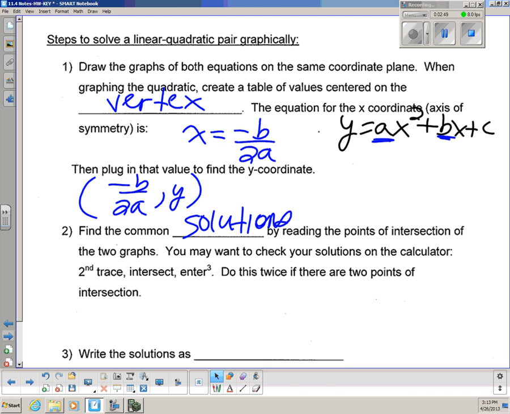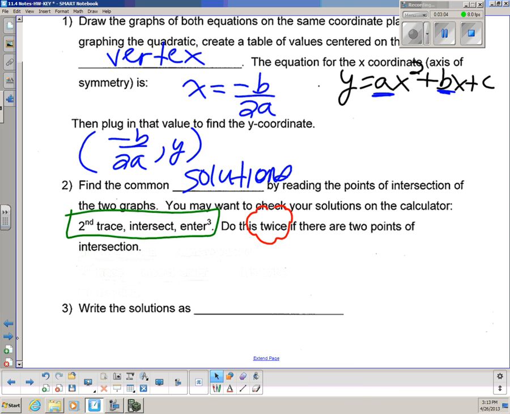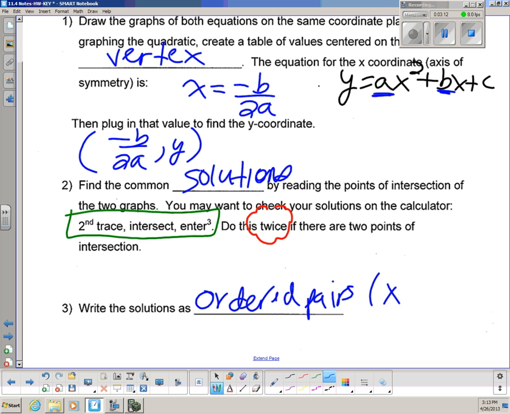So you can always use these steps on the calculator: second, trace, intersect, enter cubed, which means you're pressing enter 3 times. Remember, you have to do it twice because we're looking for 2 solutions. Once you find your 2 solutions, you write them both as ordered pairs. So your solutions of the linear quadratic are going to be 2 xy coordinates, and 2 different ones.